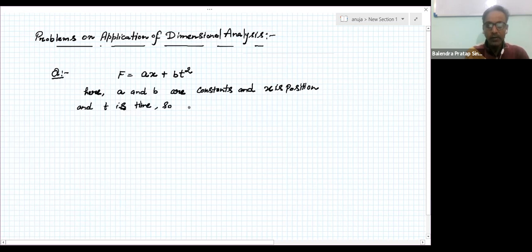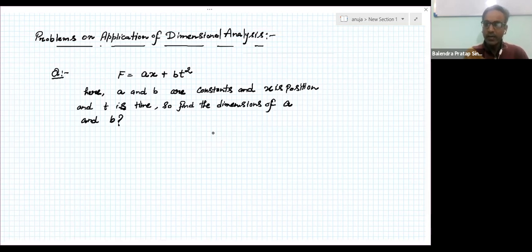Find the dimensions of A and B. X is a position and t is a time.